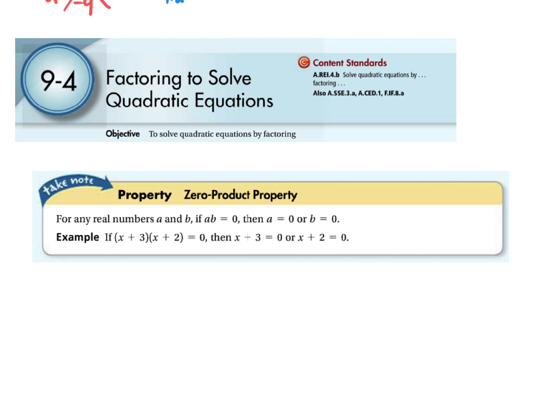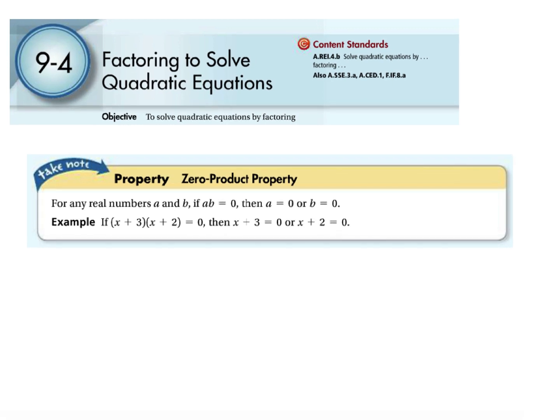All right, today, the new thing that you're going to take away is called the zero product property. And for abbreviation, we call that the ZPP. Okay, the zero product property.